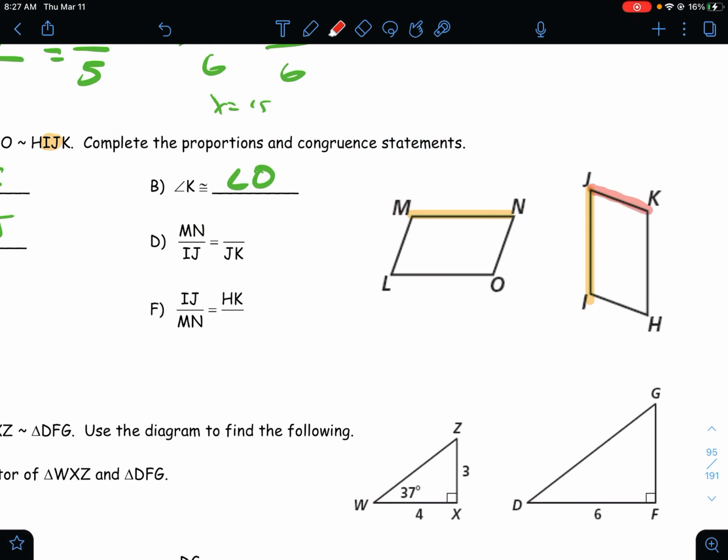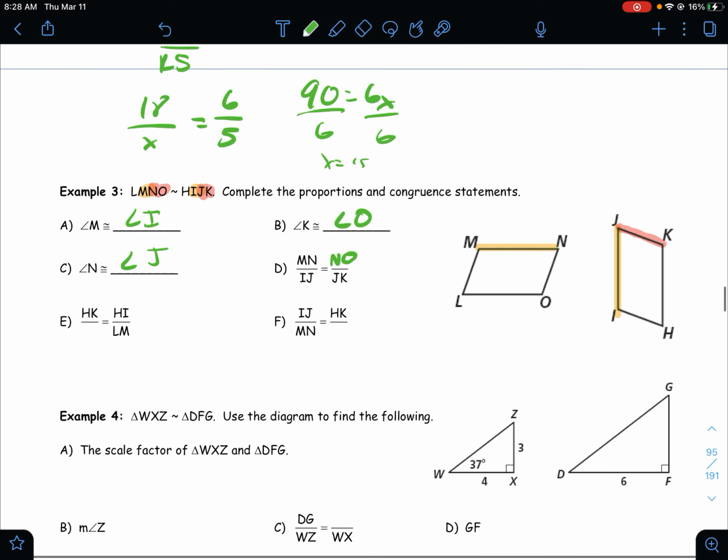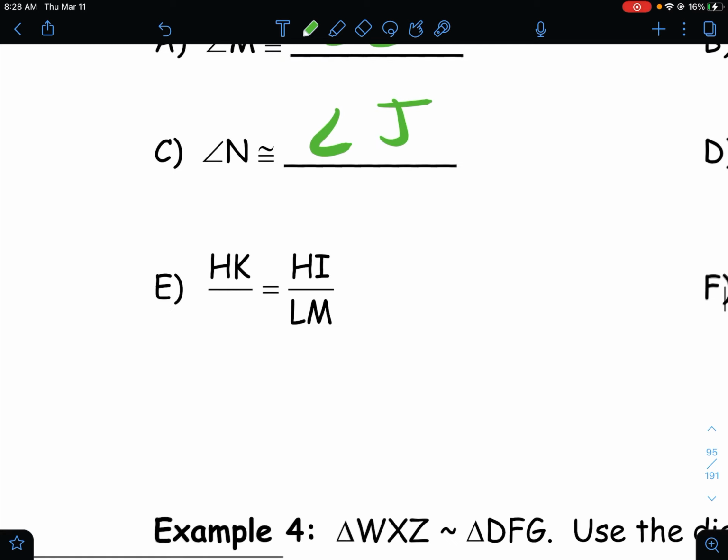Now we need to figure out which side goes with JK. So JK are the two last letters. So we need to find the two last letters of our other figure. That's going to be N and O. So we're going to put N and O there. All right. Let's keep going.